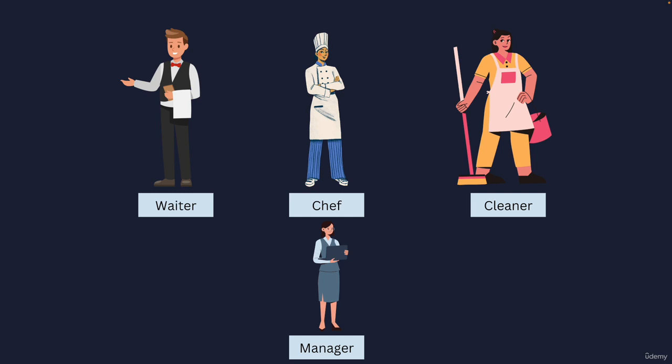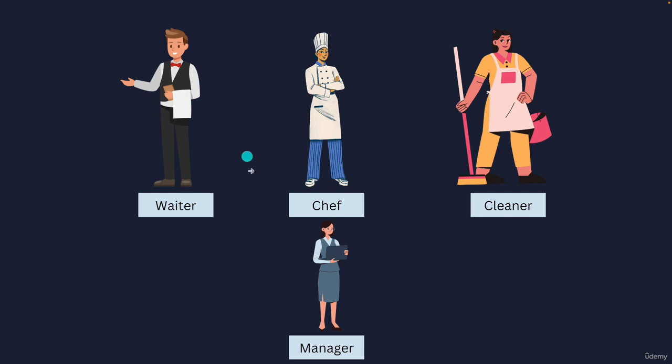All right. With that being said, I want to grab the waiter and open this up, because, let's say we want to create a virtual restaurant program. If we go with the object-oriented programming model, a portion of our code is going to be the waiter, so it's going to do everything that a waiter does and has.